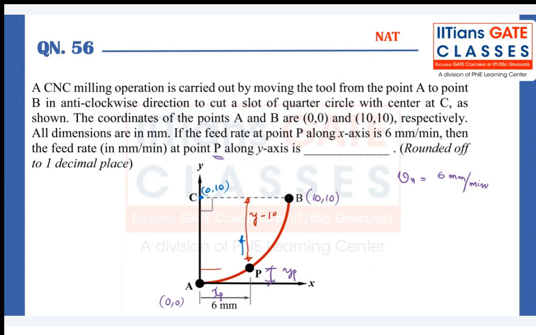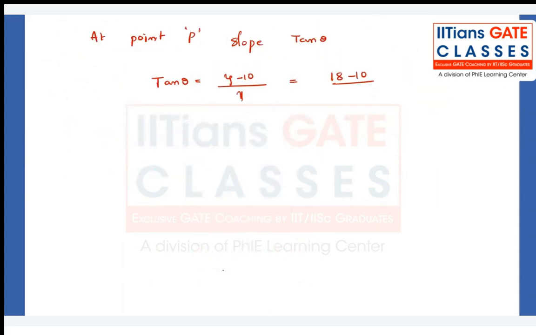So tan theta equals y by x of P. Now x equal to 6, so it is 8 by 6, so we get 4 by 3 as the slope.